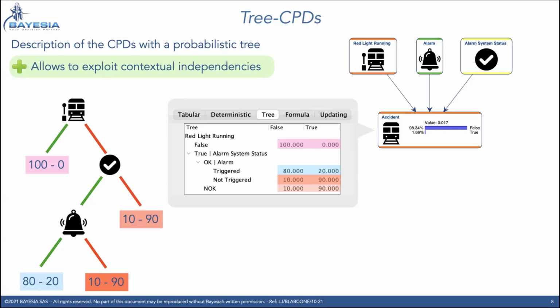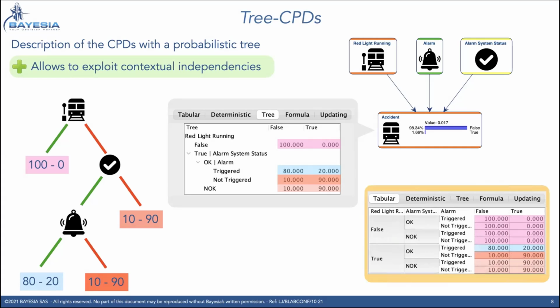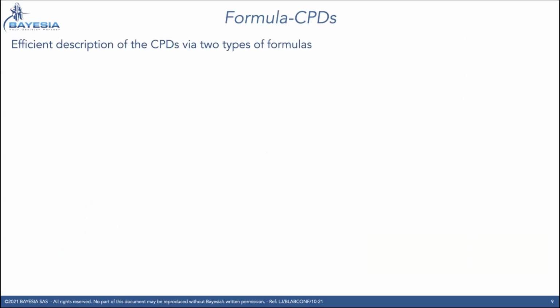So given the alarm status, the alarm is contextually independent, right? For alarm status equal false. And at the end of the day, this is again what we have: a conditional probability table that is populated by using this feature. So as you can see, we have different ways to populate this table.